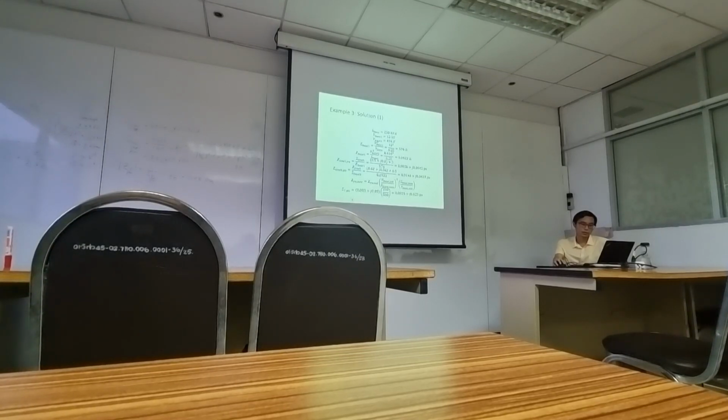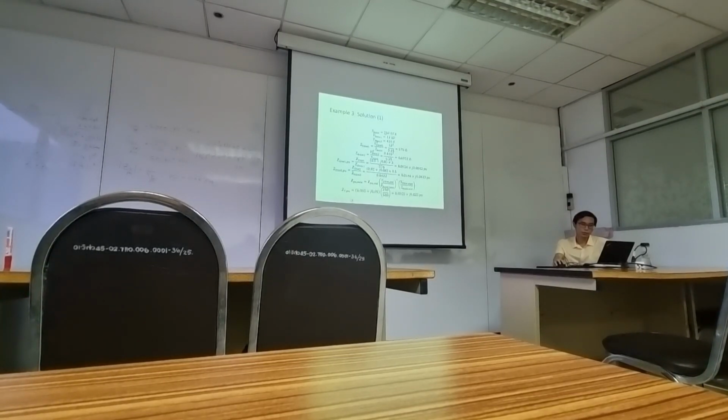This is the impedance of the transformer. The new base value is 250. The old value, which is the rating of the transformer, is 500 kVA. So you have this impedance in per unit. So any question?